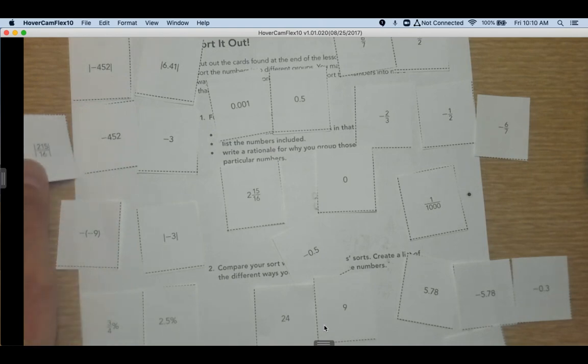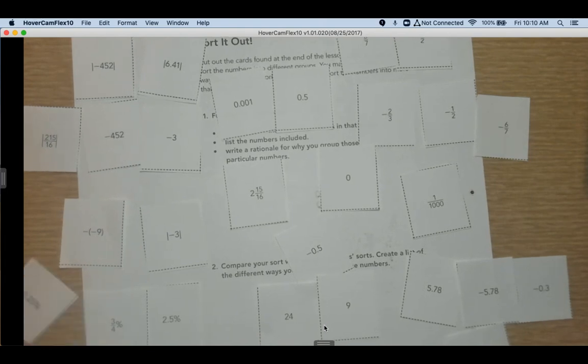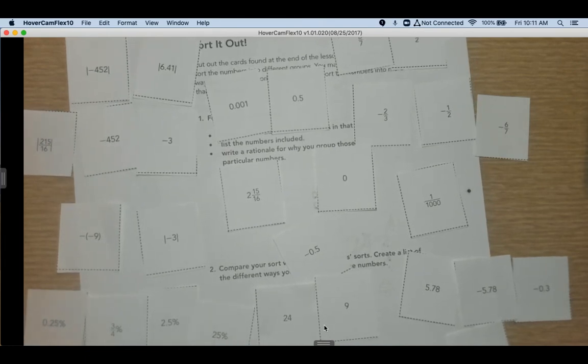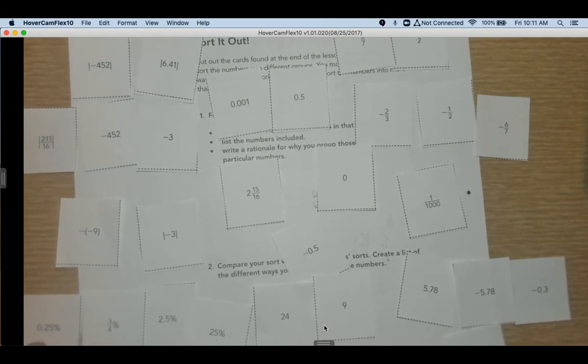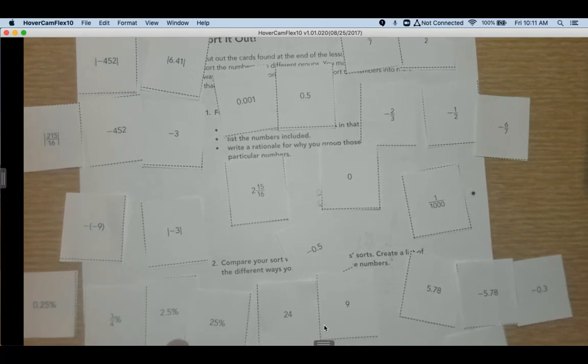We have the absolute value of a fraction. We have another percentage. We have another percentage. This is 1/4 of a percent. This is 3/4 of a percent. So this would be 1 out of 400. This would be 3 out of 400.